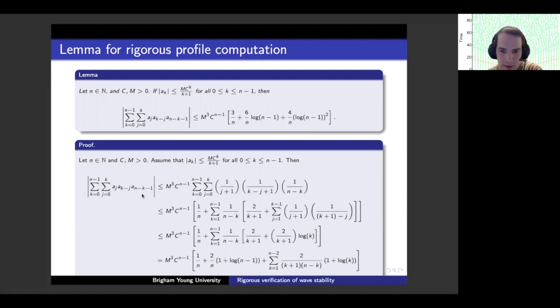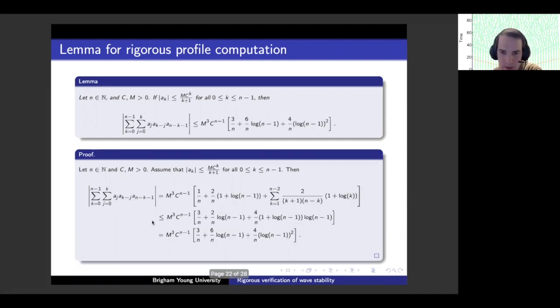And then here we're just pulling out some of the first and final entries of the summation so that it looks like our previous lemmata. We apply those, and in the end we get a bound that depends on log and log squared, but divided by n, so that if we take n large enough, that term will be as small as we want it to be.